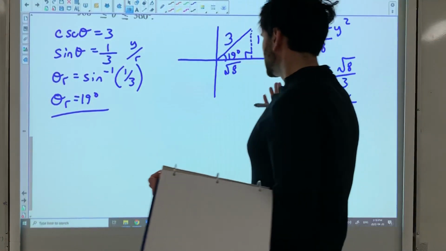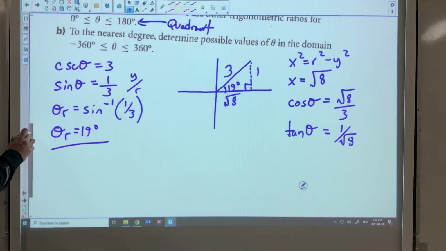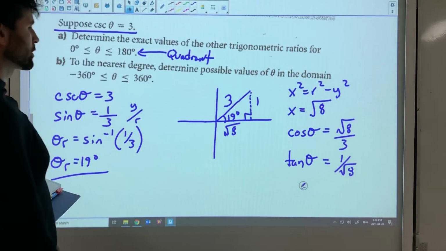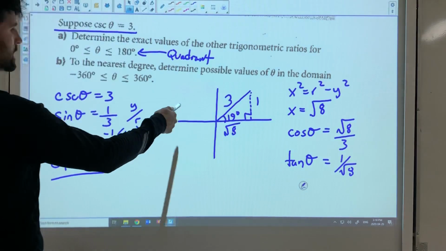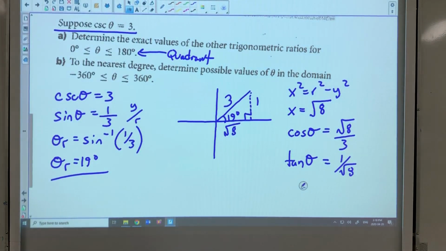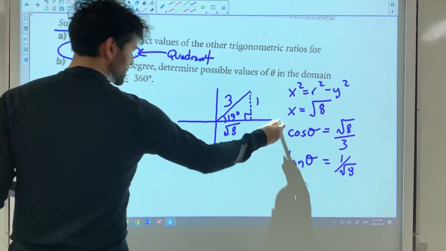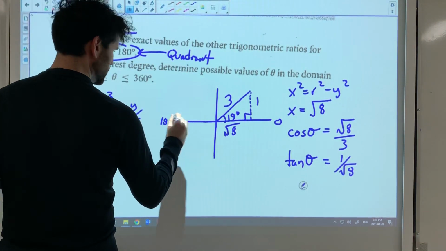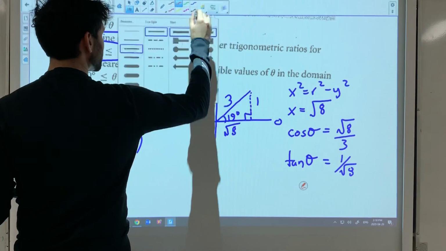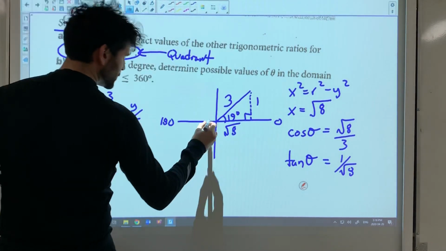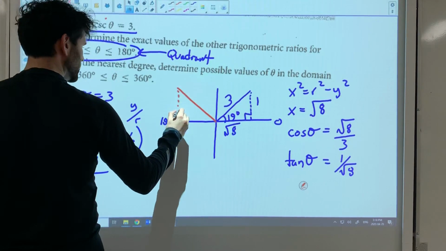Are there any other ways this could happen? Could I have a reference angle of 19 degrees and have that same ratio? Well, the answer is yes. Notice how they said from 0 to 180. That would also include quadrant 2 potentially if I could replicate that triangle. And you can indeed replicate that triangle.